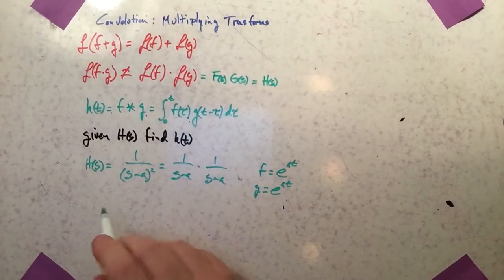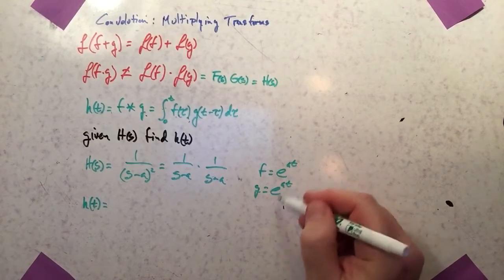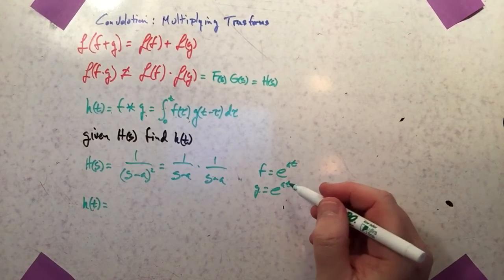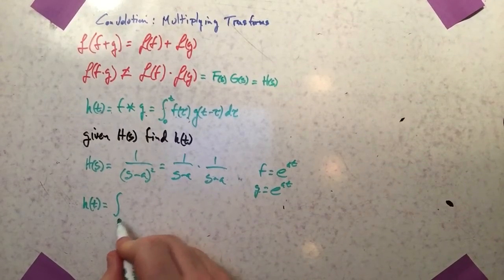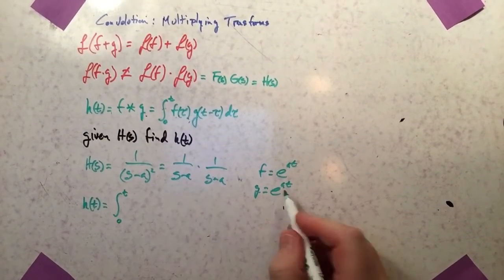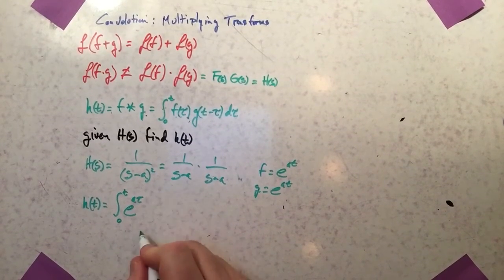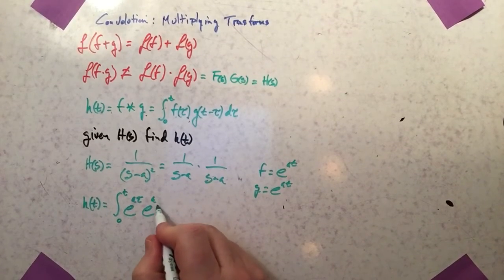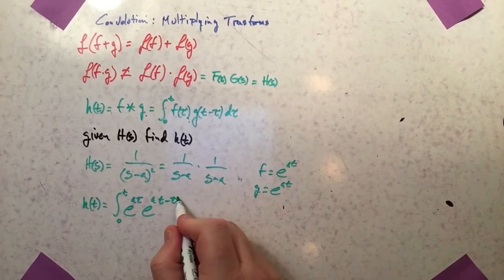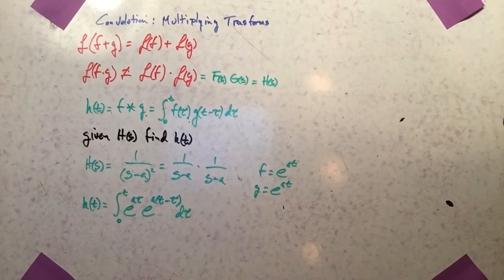But the answer for little h, of course, is not equal to just the product of these. It's not going to be e to the 2at. Instead, I have to perform the integral from 0 to t of f of tau, and that's going to be e to the a tau, times g shifted, it'll be e to the a quantity t minus tau, and then d tau.